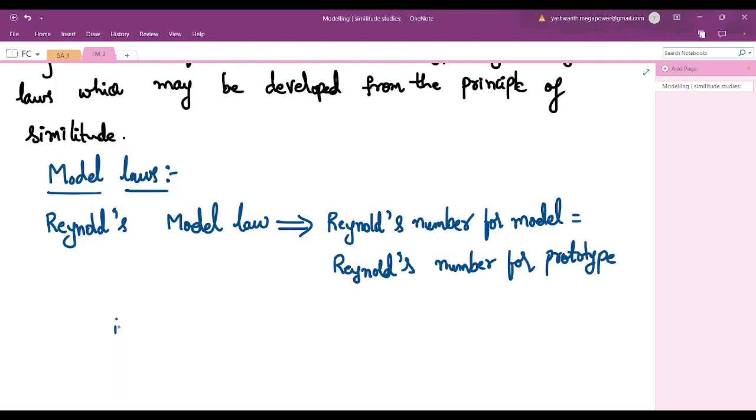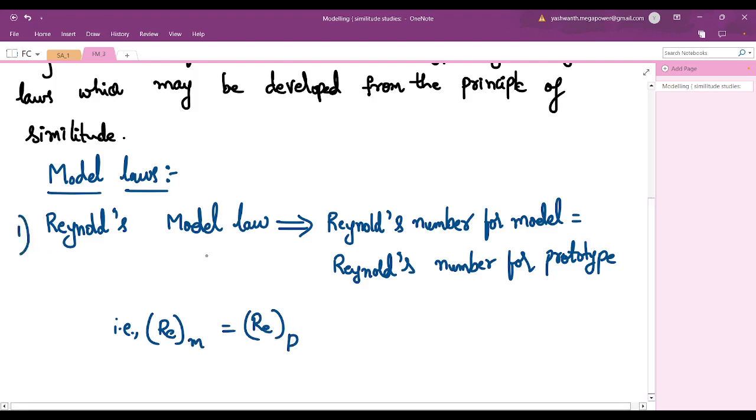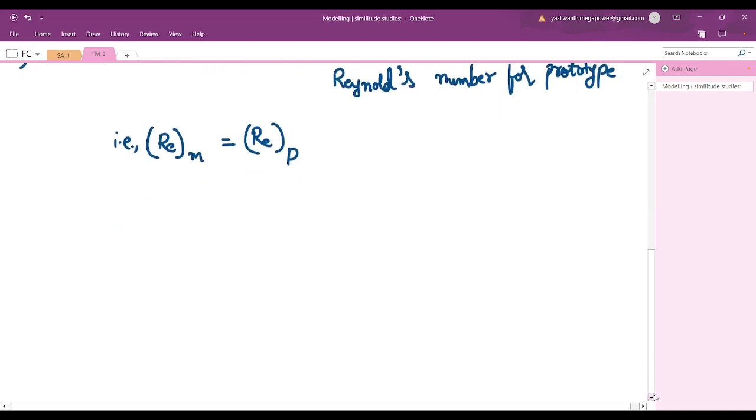That is, Reynolds number for model is equal to Reynolds number for prototype. So this is the first model law, and the second is Froude's model law.